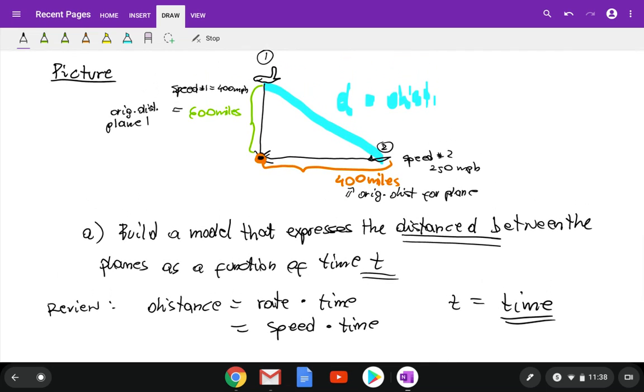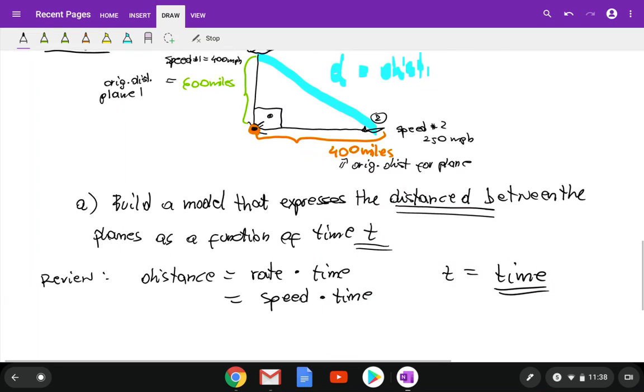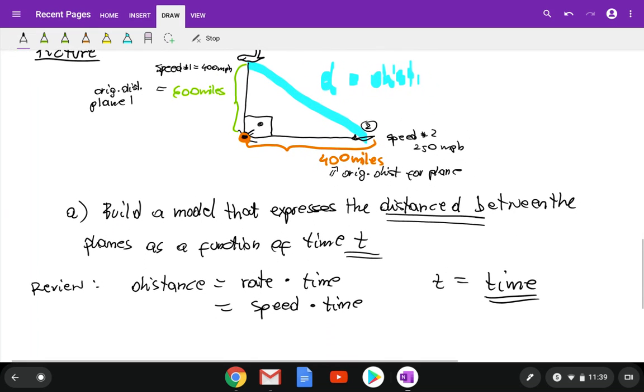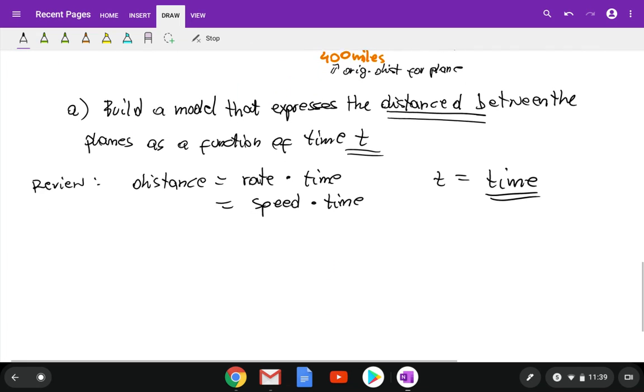So before we do that, hopefully everybody sees that we have a right triangle. We need to express the distance, which is the hypotenuse of the right triangle. All we know about the right triangle is that you can always use the Pythagorean theorem.